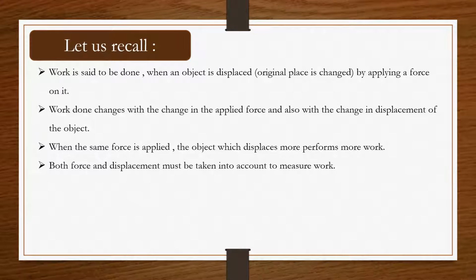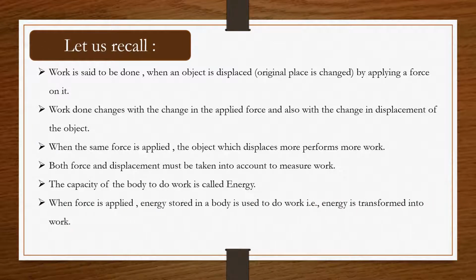Both force and displacement must be taken into account to measure work, and the capacity of the body to do work is called energy. When force is applied, energy stored in a body is used to do work, that is, energy is transformed into work. And the unit of work and energy is joules in SI unit, that is, System International Unit.